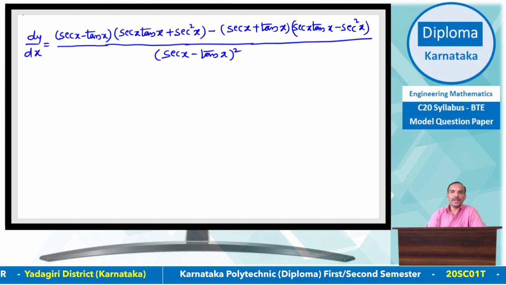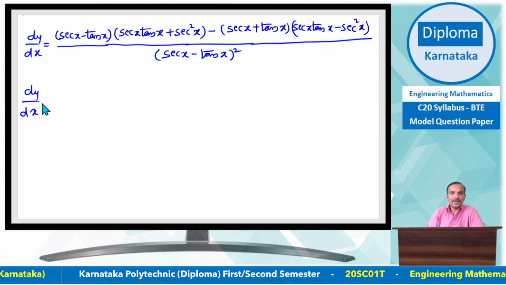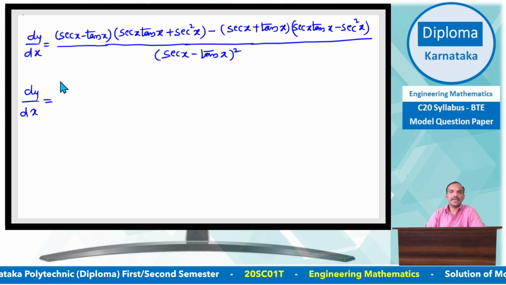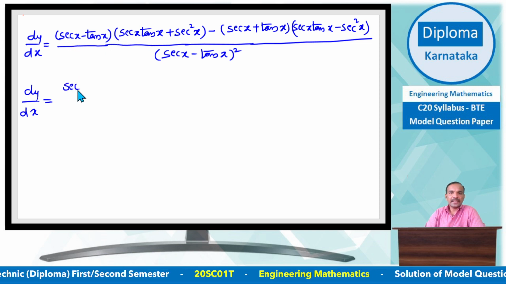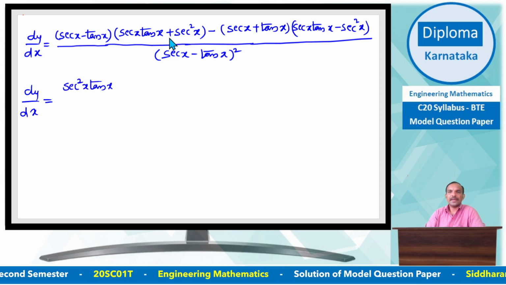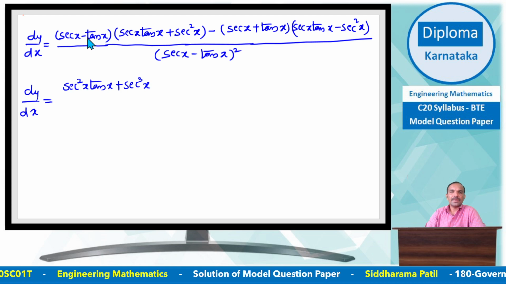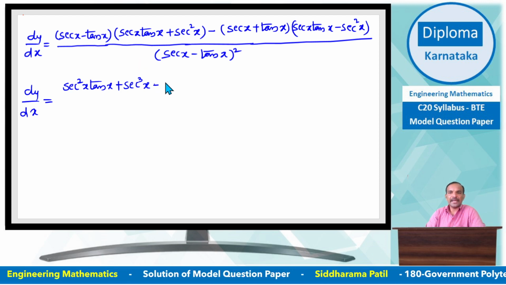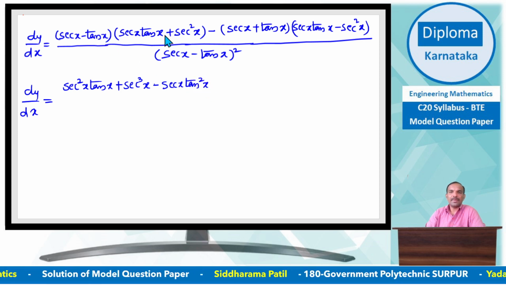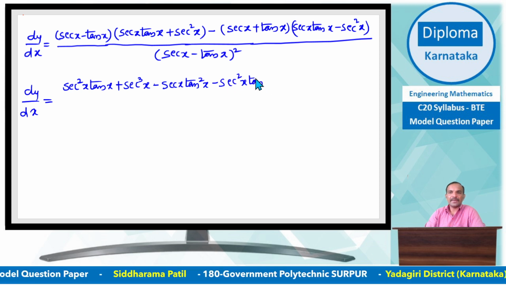Simplification: dy by dx equal to, multiplying first term, sec x into sec x tan x is sec square x tan x; sec x into sec square x is sec cube x; minus tan x into sec x tan x is sec x tan square x, minus sec square x tan x.